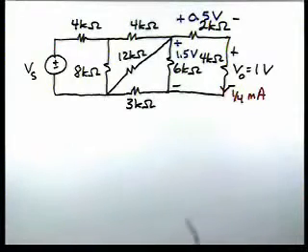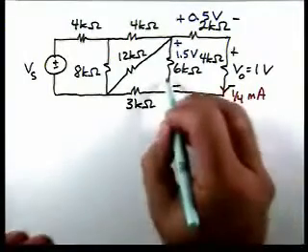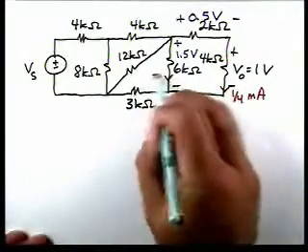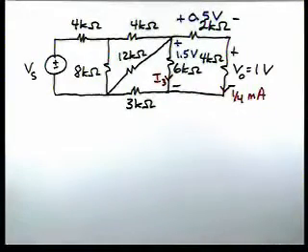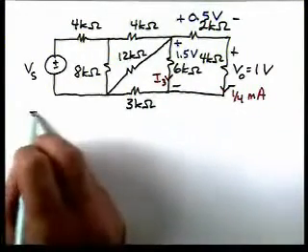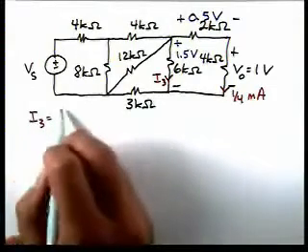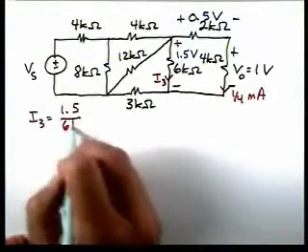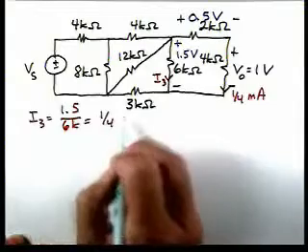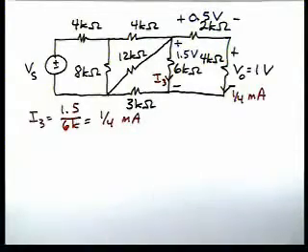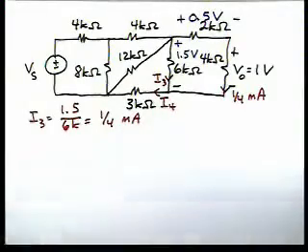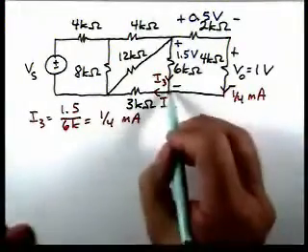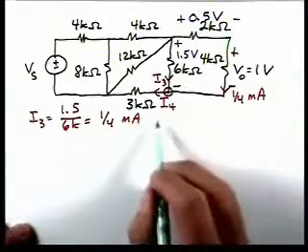Now we can find this current, and I'm going to call that current I3. So I3 then is 1.5 divided by 6K, which is 1/4 of a milliamp. Now, if I define this current as I4, then I can apply Kirchhoff's current law here.